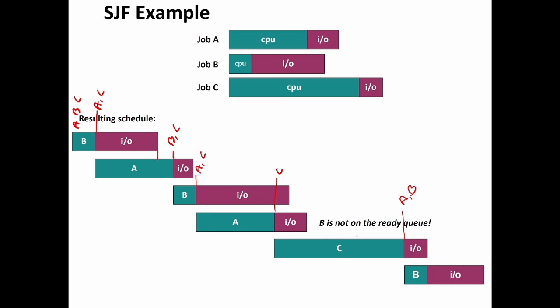So this is a non-preemptive policy which gives priority to I/O-bound jobs, but nevertheless, if a CPU-bound job ever gets the CPU, then the whole system will suffer.